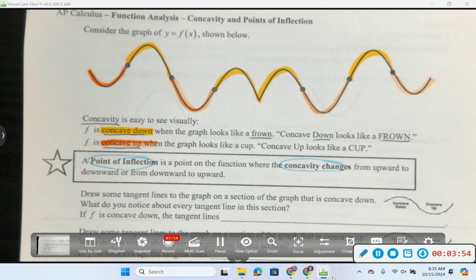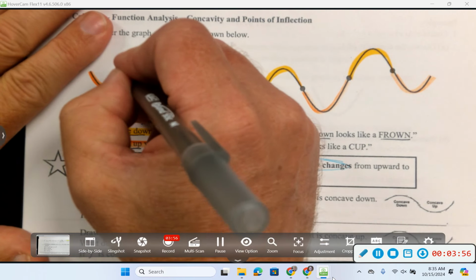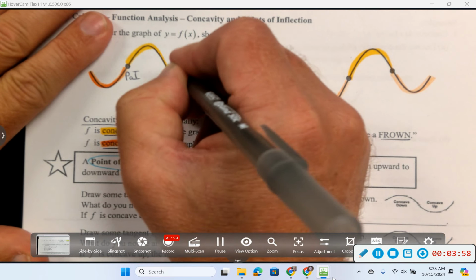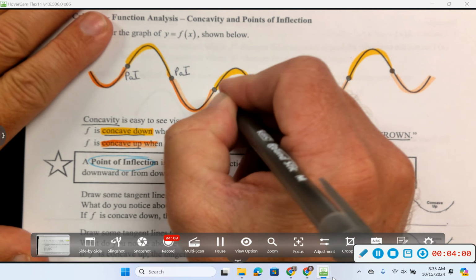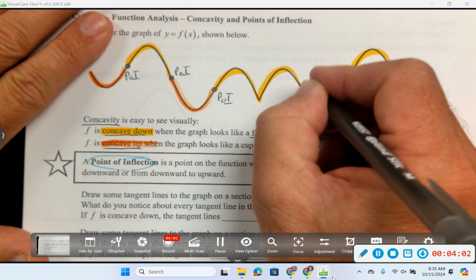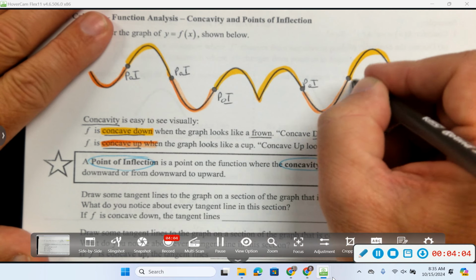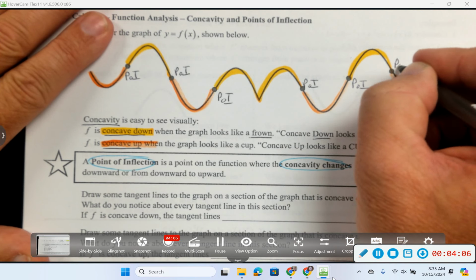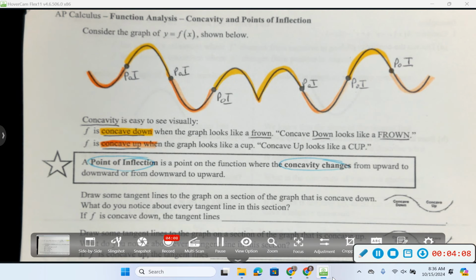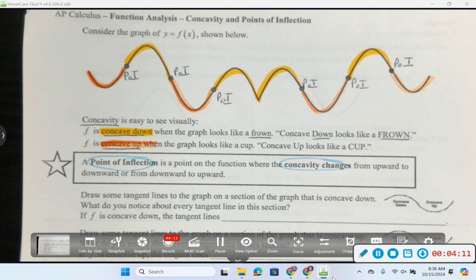So all of those dots on there are points of inflection, which we frequently abbreviate POI. All those places where it changes from being down to up are points of inflection.